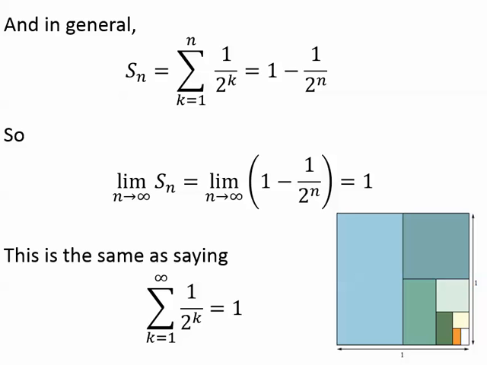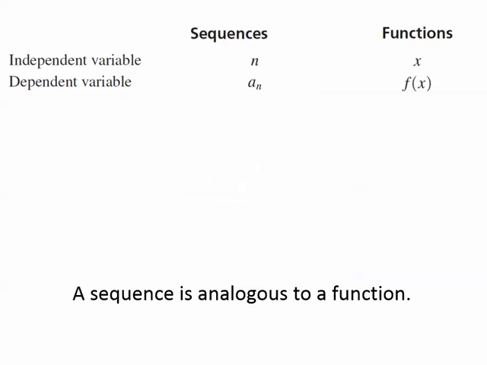Now, before we finish up, I want to give you some analogies that might be helpful to you as you proceed in this chapter. We've already discussed how a sequence is like a function. So a sequence is analogous to a function.